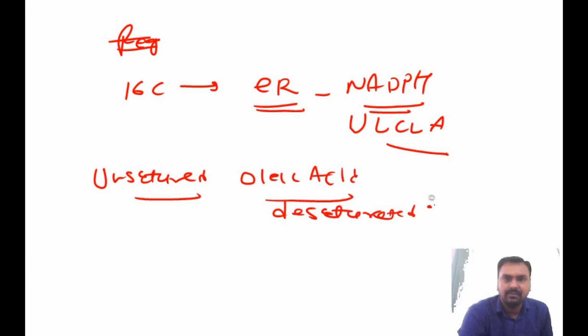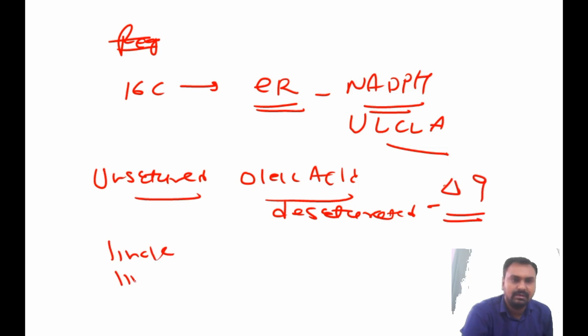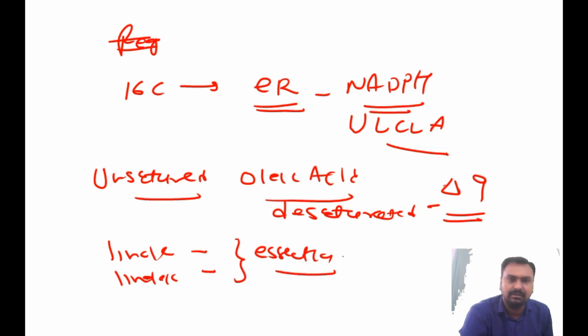It will add the double bond up to the delta 9. So linoleic and linolenic are essential fatty acids. They have to be supplied in the diet. They are not synthesized by our body. While arachidonic acid is semi-essential, it can be synthesized from linoleic or linolenic fatty acid.